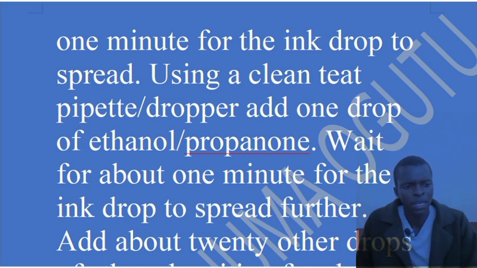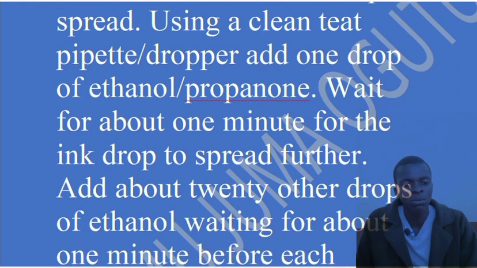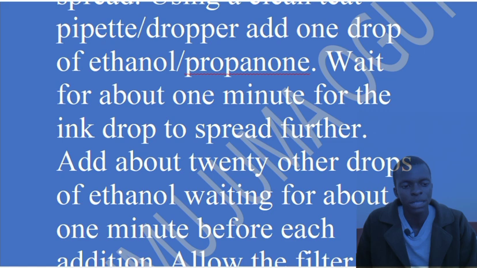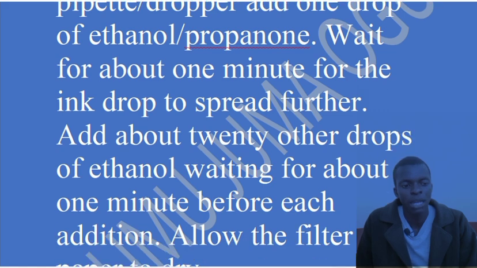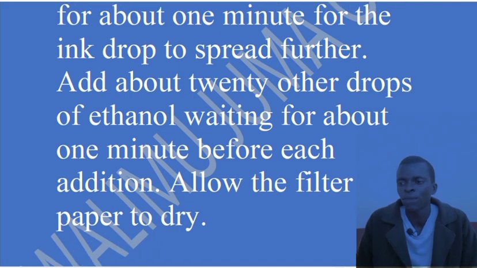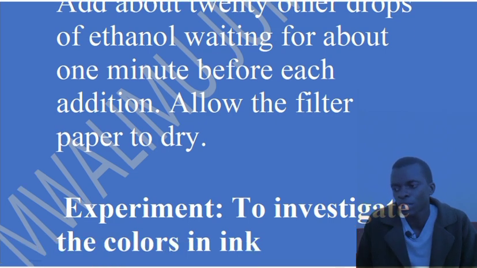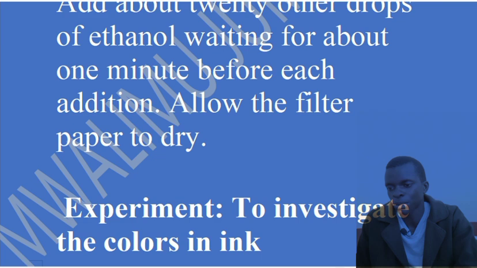We ensure that the cut strip of filter paper just dips into the ethanol below the ink mark. We cover the boiling tube and wait for about 20 minutes, then remove the strip and allow the filter paper to dry. So we have two methods that we can use to carry out this experiment.